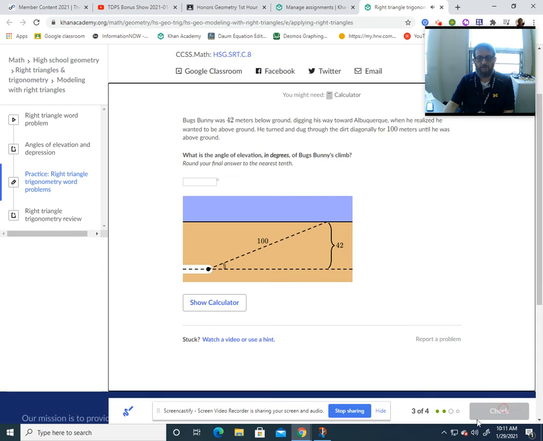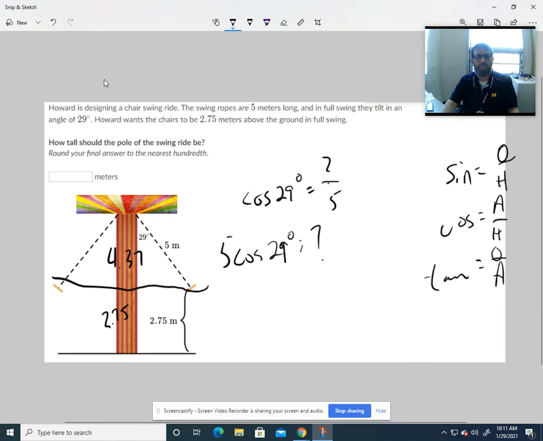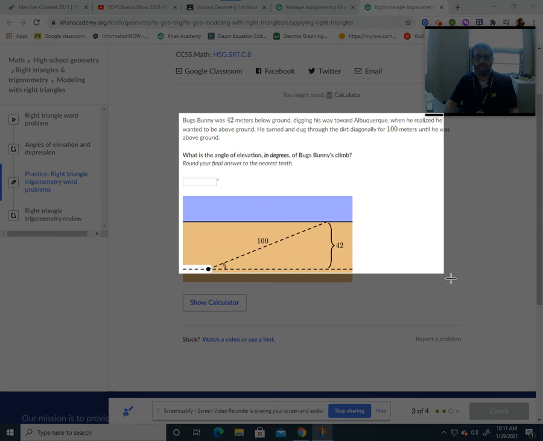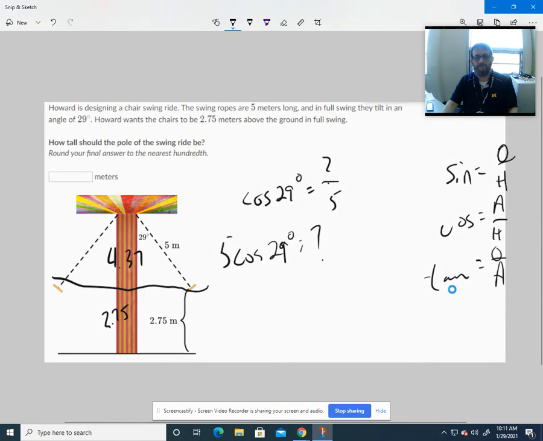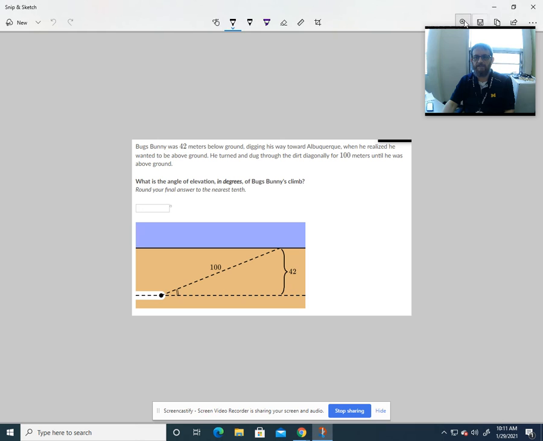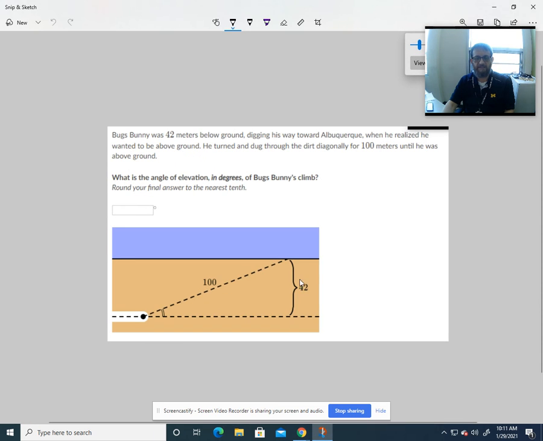All right, next question. This looks very similar to the Bugs Bunny question we did a second ago. In fact, it's basically the same thing. It's just flipped the other way this time, but it's the exact same problem. You have the opposite and the hypotenuse.